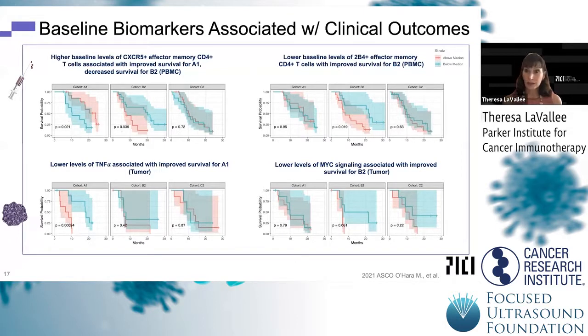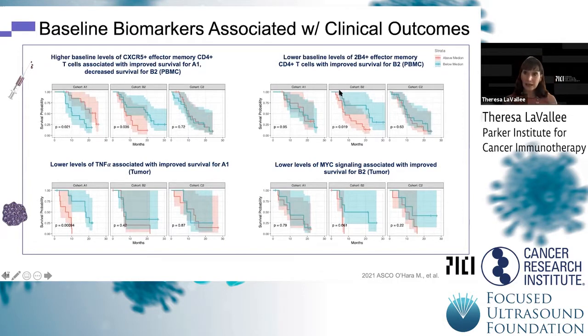Likewise, when we look deeper at what higher level of cells portend a bad outcome with CD40, what we see are these exhausted T cells really correlate with bad outcome uniquely to the CD40 chemotherapy arm as compared to the other arms.